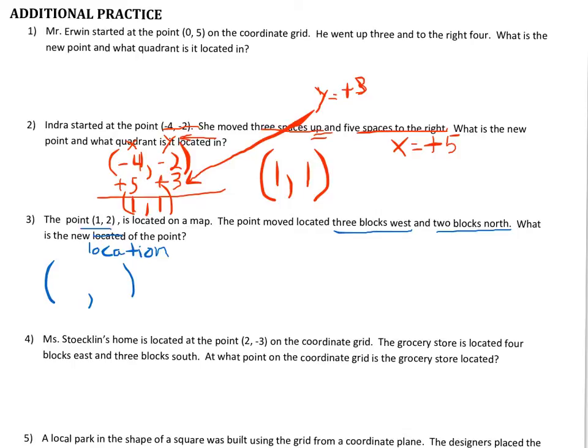Now, we definitely need to review north, east, south, and west. So, if you have, it basically looks like the coordinate plane, the axes. Okay, north, we hopefully know, is at the top. Okay, and then there are a lot of different ways to remember this, but the one I learned was never, and then to the right.